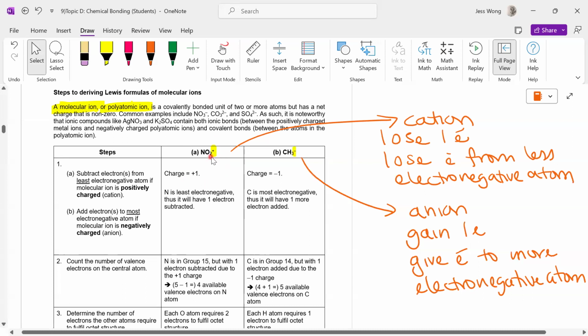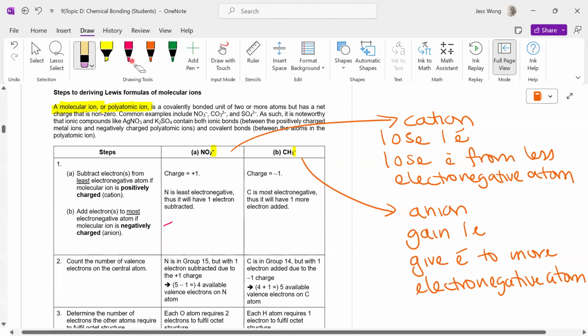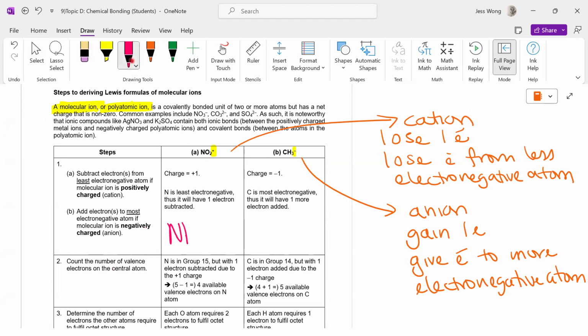So in a compound like NO2, there's a covalent bond, but it is charged. So for example, if I place an NO2 plus with a Cl minus, I would say that between the plus and minus is ionic bonding. But within the NO2 itself, there is covalent bonding. It's the same as other salts like ammonium sulfate or ammonium carbonate.